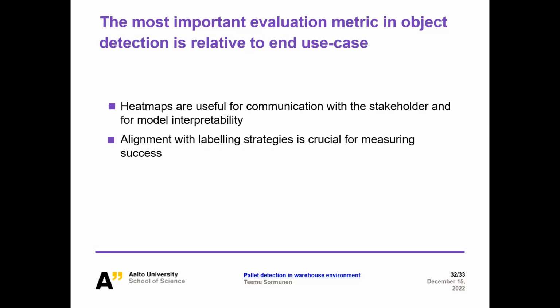Also, as a broader impact, it can be said that the most important evaluation metric in object detection is relative to the end use case. We saw that heat maps were useful for communicating with the stakeholder and for model interpretability. We also saw that alignment with labeling strategies is crucial for measuring success, as most of our errors came from misaligned labeling.